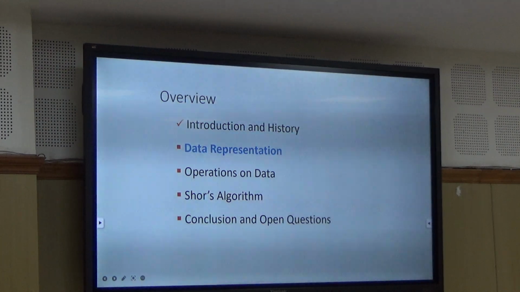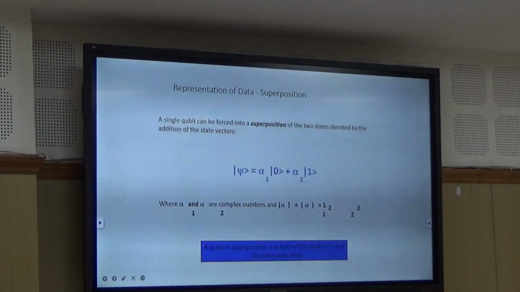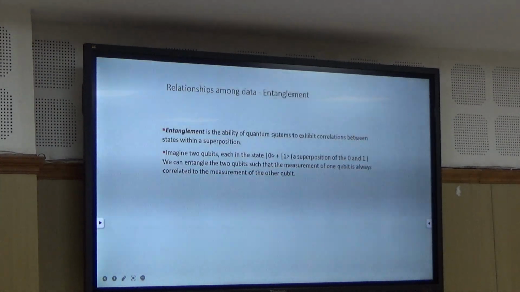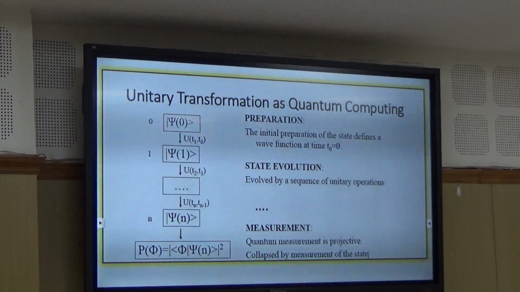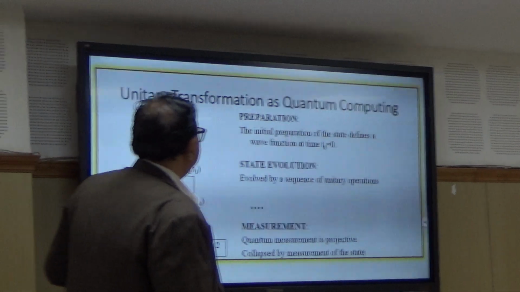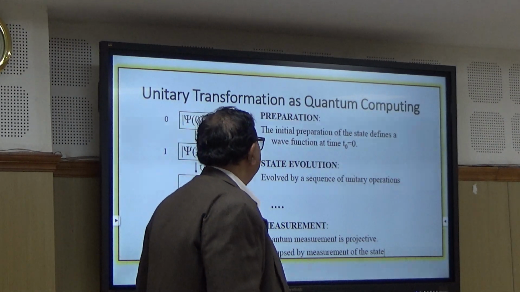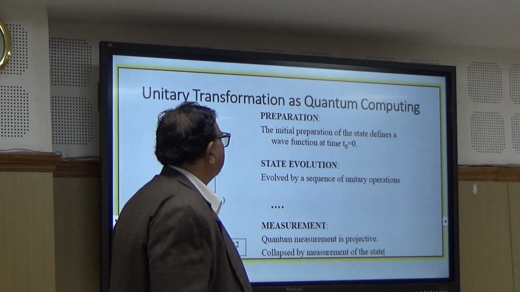So now we can see how the data representation is done. We are talking about this quantum Hilbert space, which is defined in terms of 0 and 1. When it is used, it is called a unitary transformation as a quantum concept.